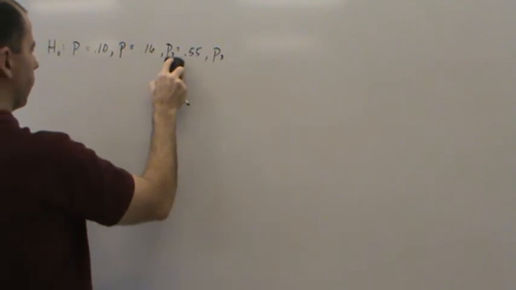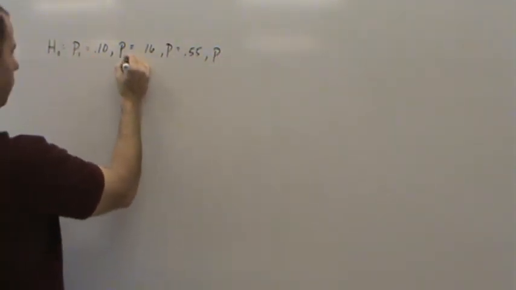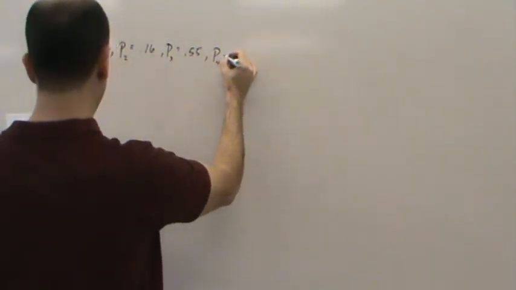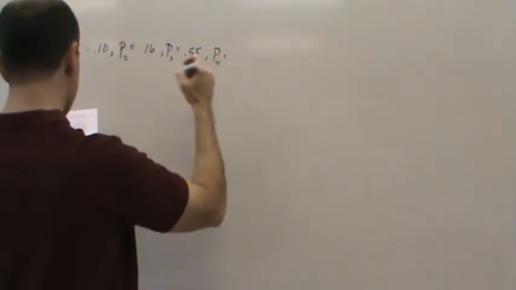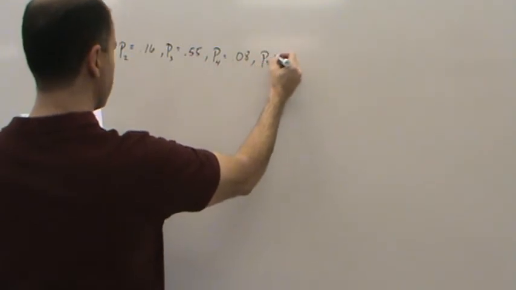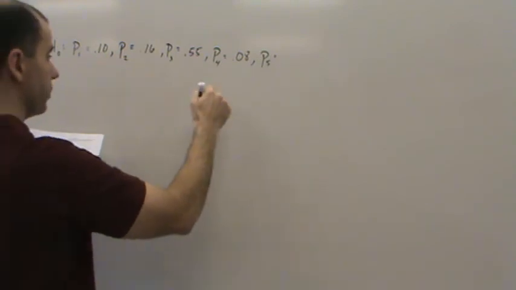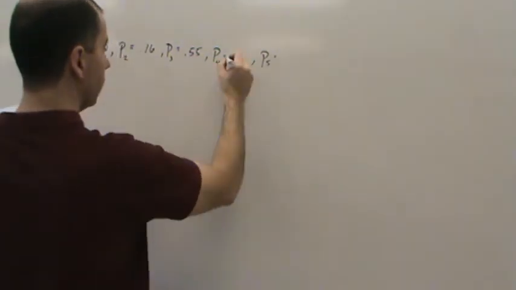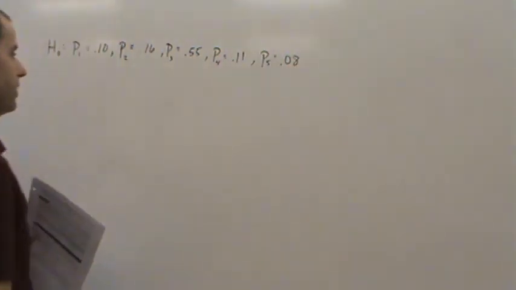I just want to keep the categories because these are going to be the number of categories. So P1, P2, P3, P4 is what? That's 3 televisions, so that's going to be 0.08. And then P5, the last one, is no, this is 0.11, sorry. 0.11, and then this is 0.08. Okay, so that's the distribution.